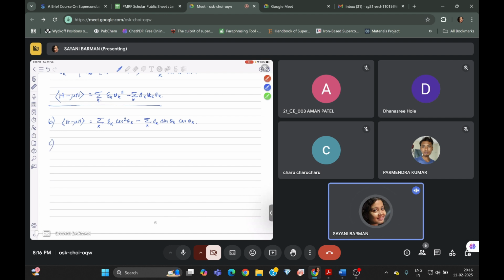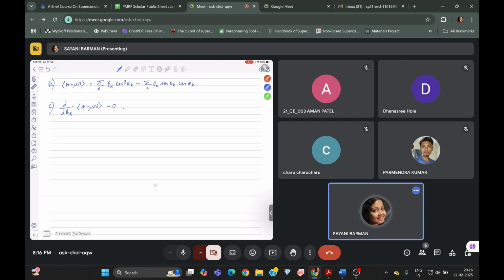Now this third question is asked minimizing with respect to theta. Just do this minimization d by d theta. Now minimization will mean that this means 0, right?